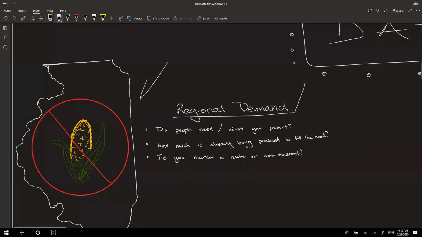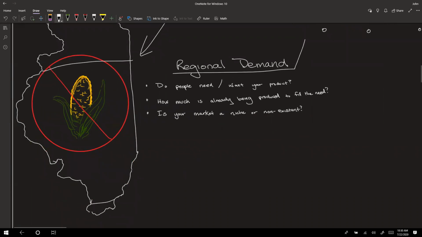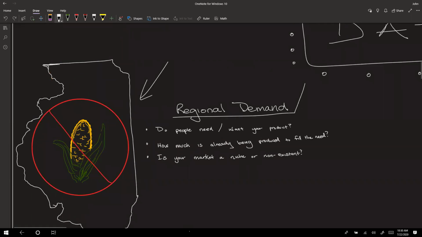You're not going to be selling corn to people in Illinois, because if you've ever traveled anywhere in Illinois outside of Chicago, it's pretty much nothing but cornfields. Anywhere beneath that line in Illinois, everywhere you look is just straight cornfields. So you're probably not going to have a huge corn market in the middle of Illinois.